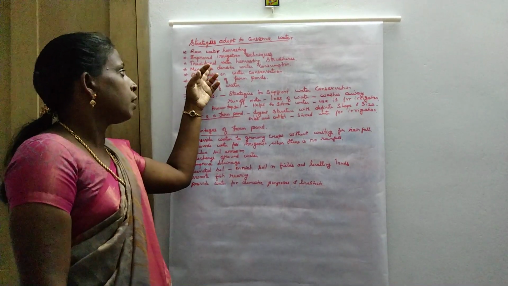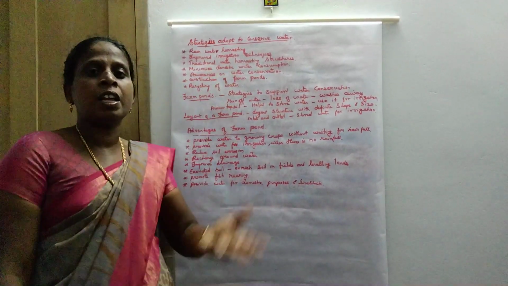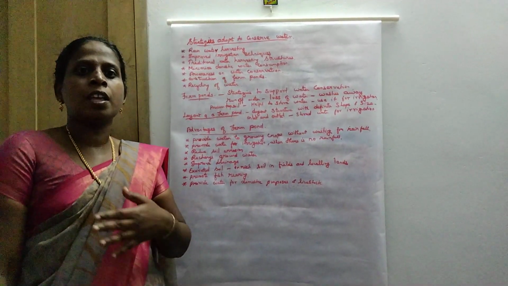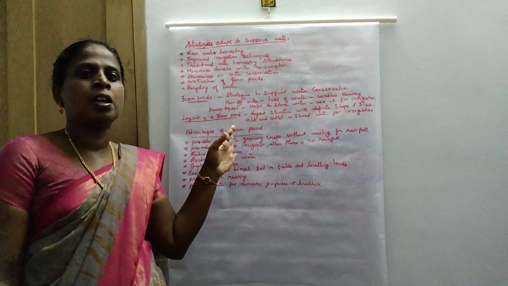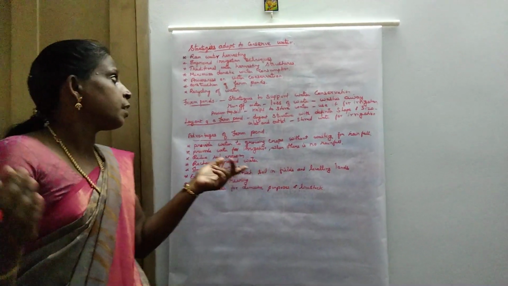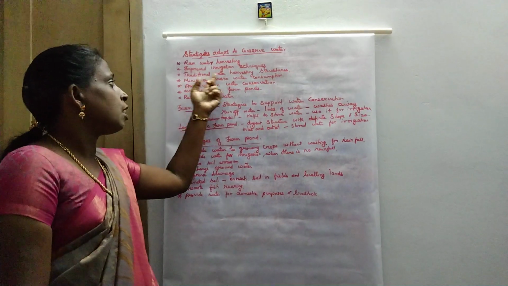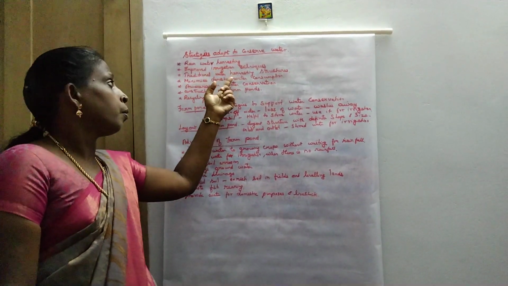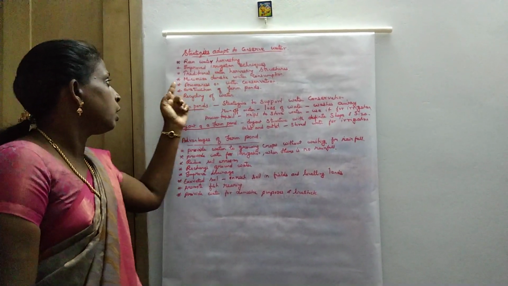That is the traditional method. Nowadays we cannot see any pond. They destroy the ponds and build buildings there. So the traditional method we can use to store the water.